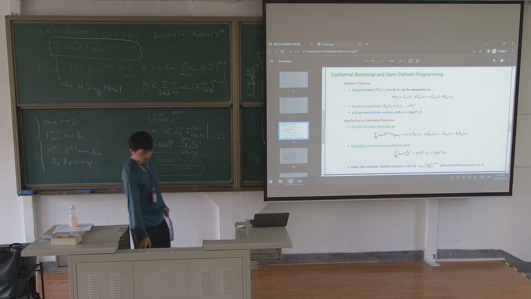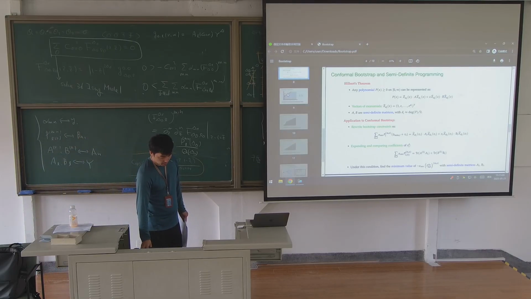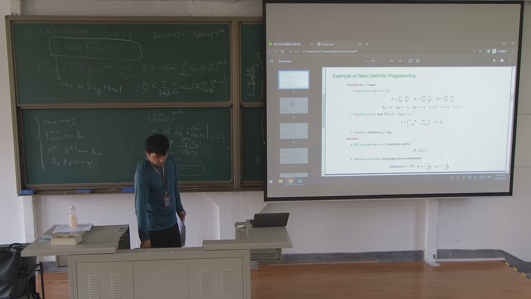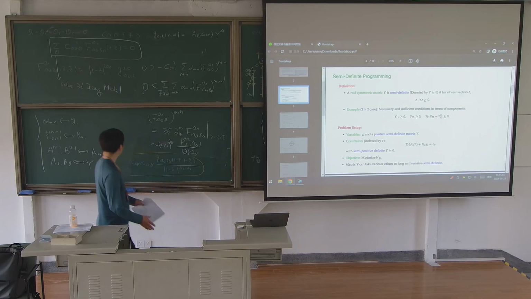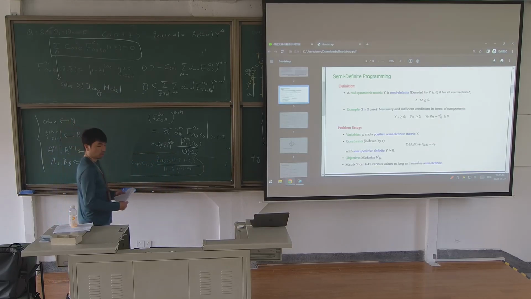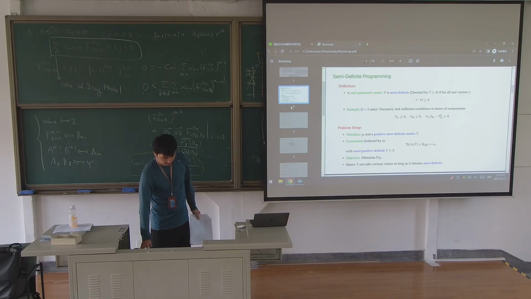So with this dictionary, these constraints can be moved to the conformal bootstrap equation.